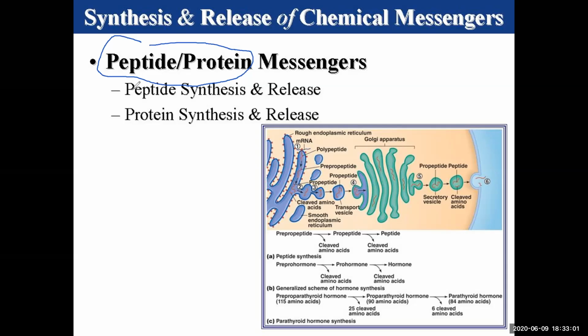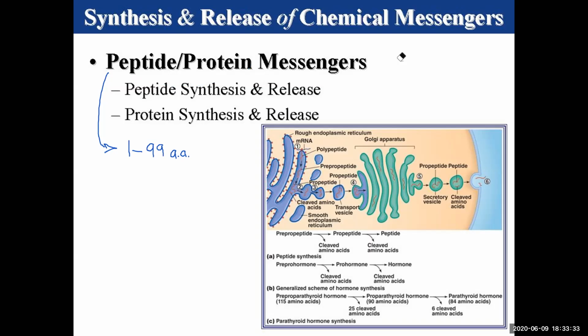Now, what is the difference between a peptide and a protein? Depending on the school of thought, depending on the textbook, this is a convention. Any sequence of amino acids containing between 1 to 99 amino acids will be called a peptide.